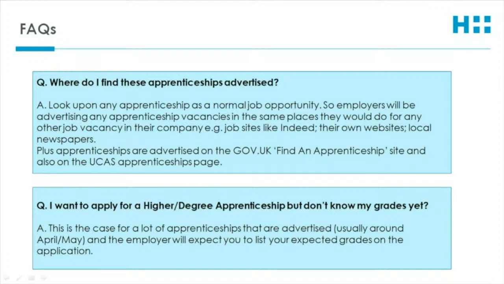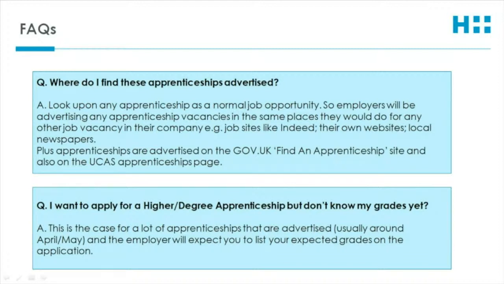So job sites like Indeed, their own websites, local newspapers, and additionally, as I said before, the gov.uk Find an Apprenticeship site is very useful. It's a very useful starting point for searching for some apprenticeships. And also the UCAS page does have an apprenticeship section. It's just that you don't apply for apprenticeships on the UCAS site in the same way as you would for a standard university course.